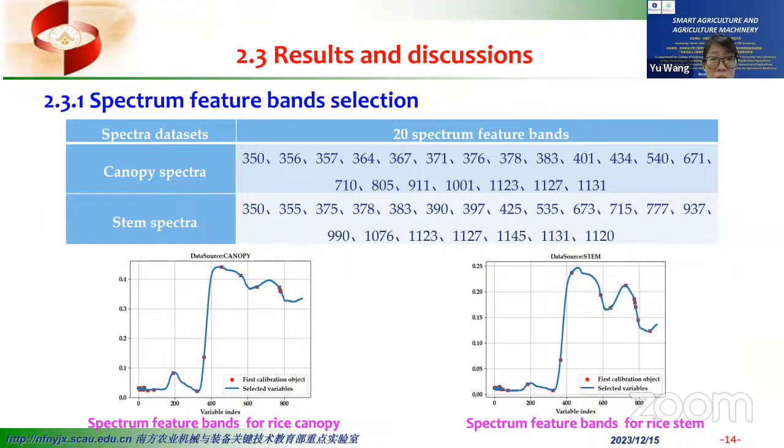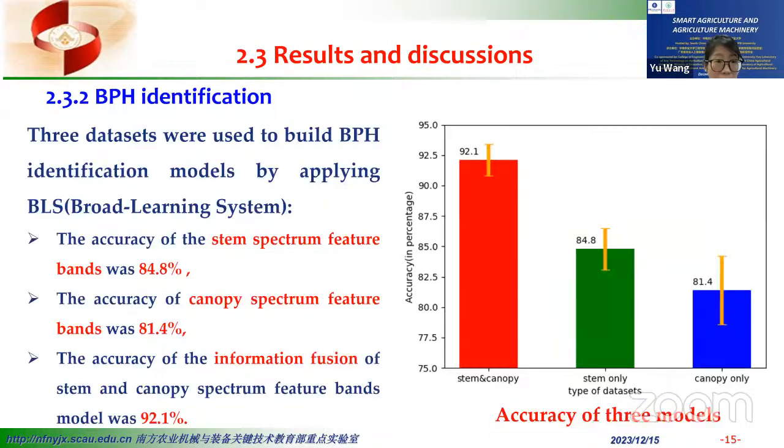20 spectral feature plants were selected for rice canopy and rice stem respectively, and 3 datasets were used for the BPH identification.